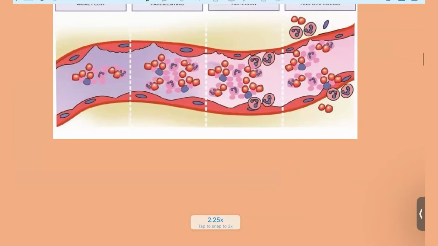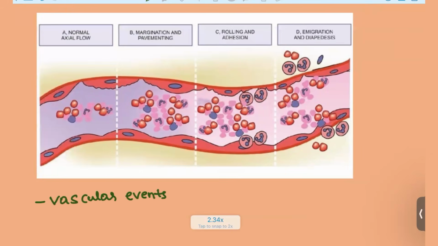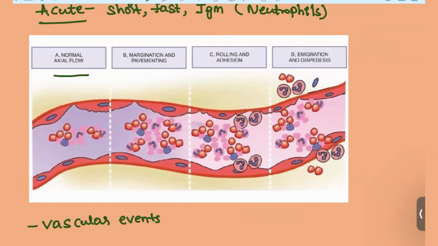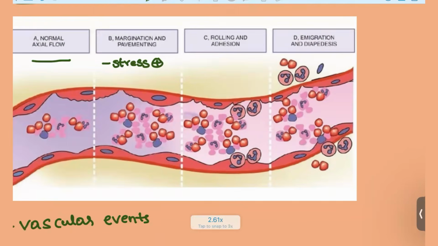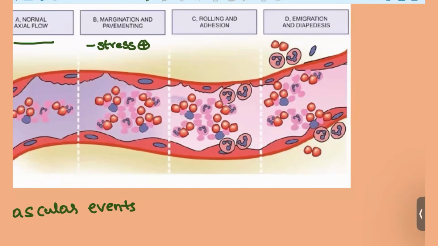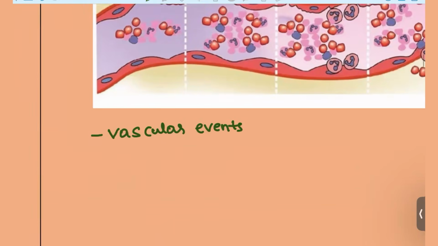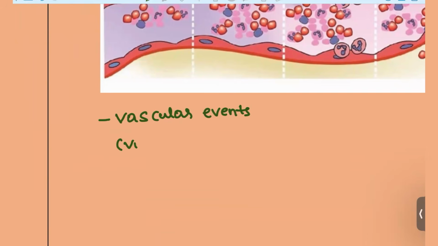Next, see the events. It contains the vascular events followed by killing and phagocytosis. In the vascular events, this is the normal axial flow of the blood cells. When there is a stress, a triggering factor, this will cause margination and pavementing. What is the first thing that is going to happen in the vascular events?